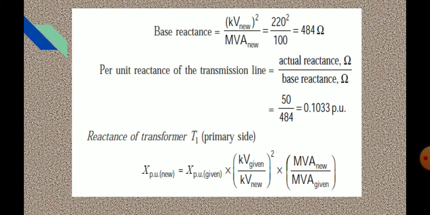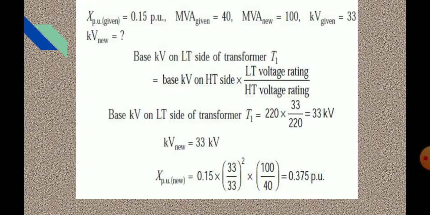Next is the reactance of transformer T1 on the primary side. For the transformer we take the primary side, where the voltage ratings differ. To fix the base, there is a formula for the base kilovolt on the low tension side of transformer T1.